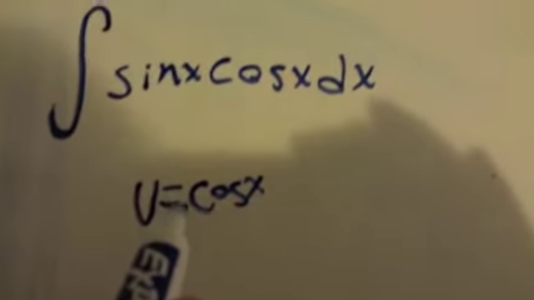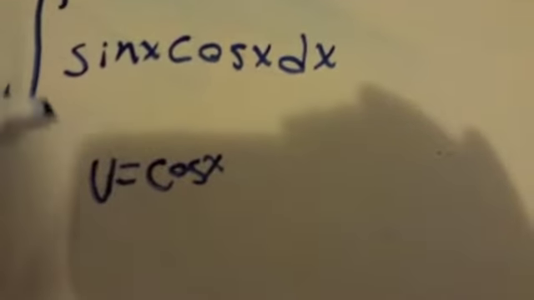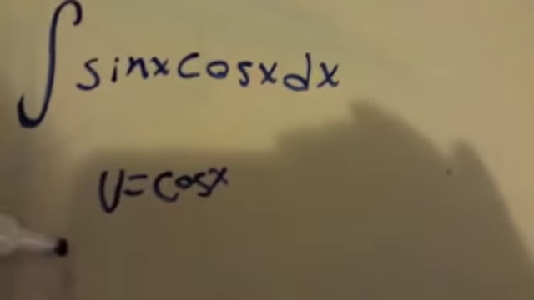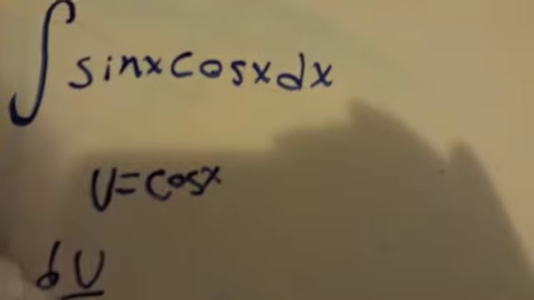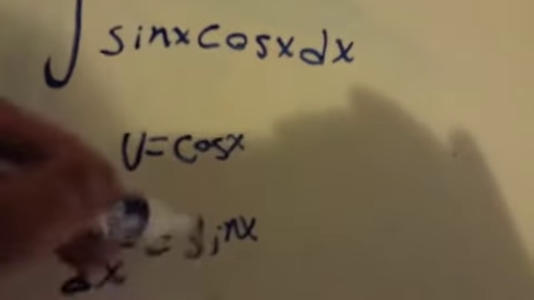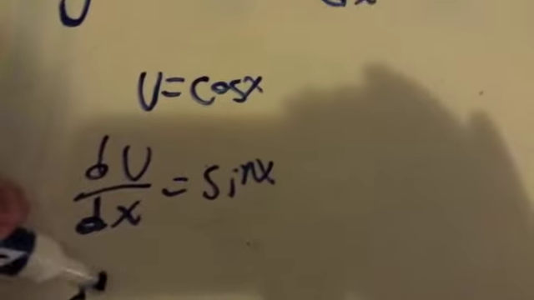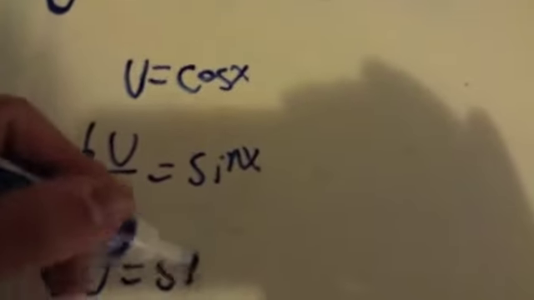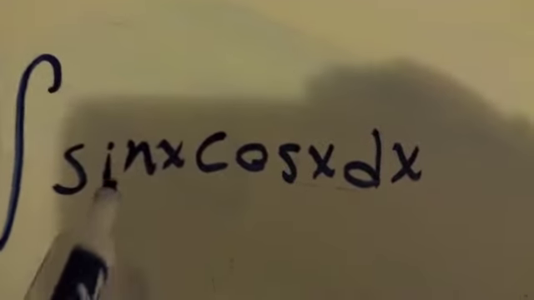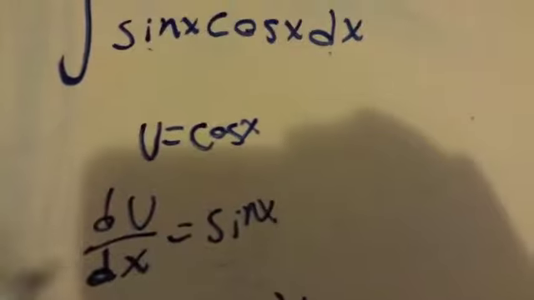But essentially, right now, what we want to do is derive this so that we have du dx equals sine x, and then we can separate the variables so we get du equals sine x dx. So now, if we look back at our original expression, we do see sine x dx, so we can replace that with du.